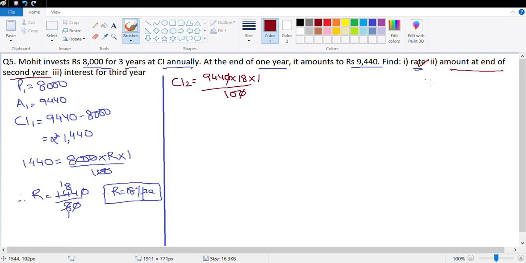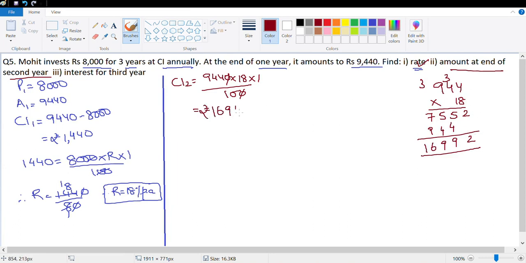Let's do that calculation. 944 into 18. 8 into 4, 32. 32 plus 3, 35. 72 plus 3, 75. And this is 449. 299. 9 plus 7, 16. So this is 16992 with one decimal. So this is equal to rupees 1699.20, since money is written with 2 decimal places.